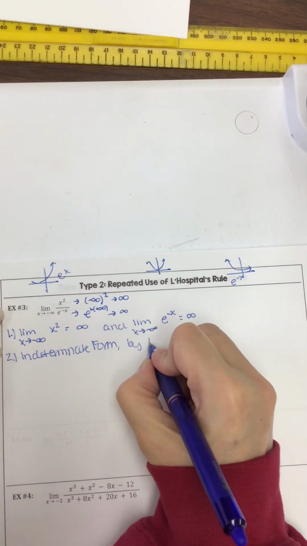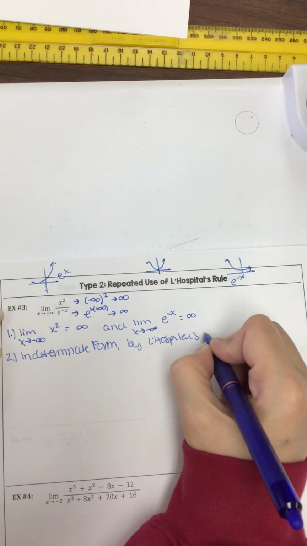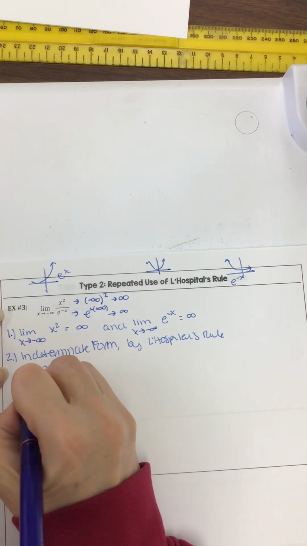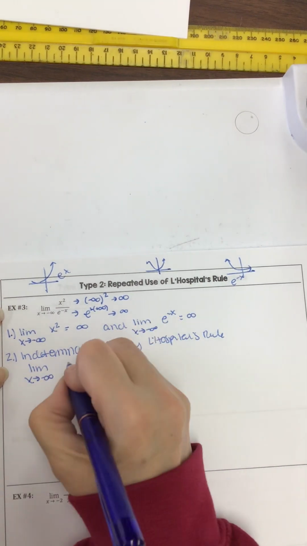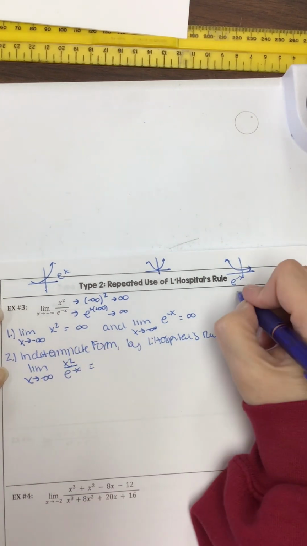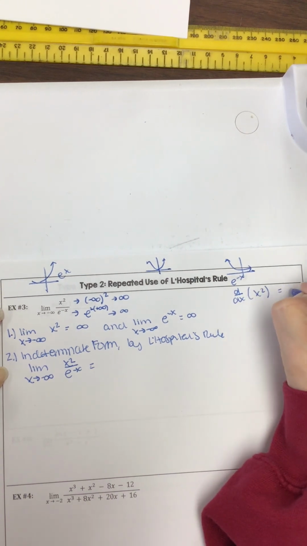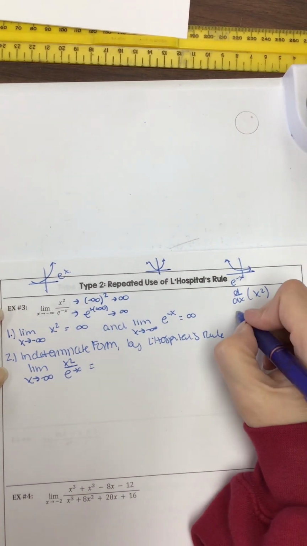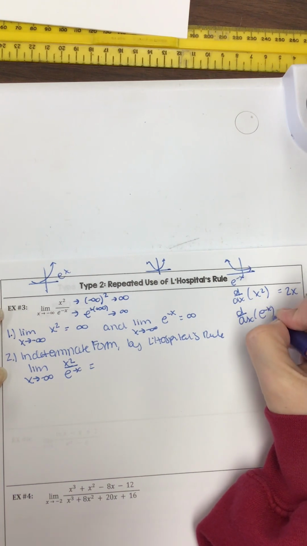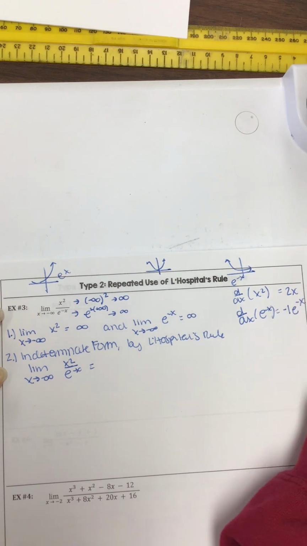So by L'Hopital's rule, we know the limit as x approaches negative infinity of x squared over e to the negative x would equal, well, let's do the derivatives here. The derivative of x squared is 2x, and the derivative of e to the negative x would be negative e to the negative x, right?